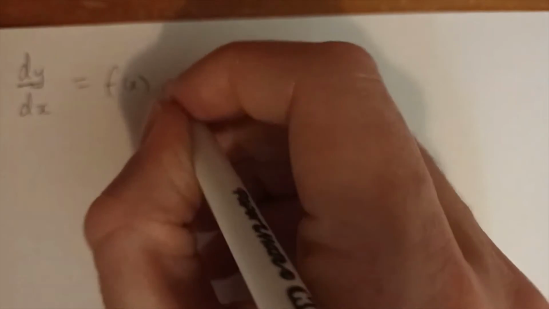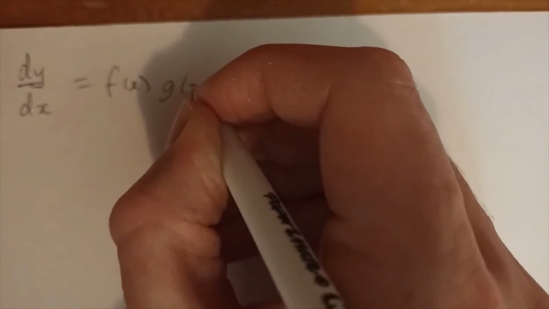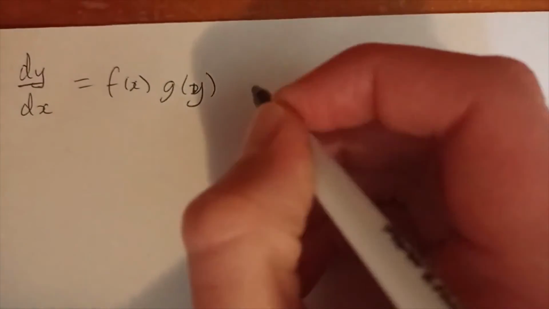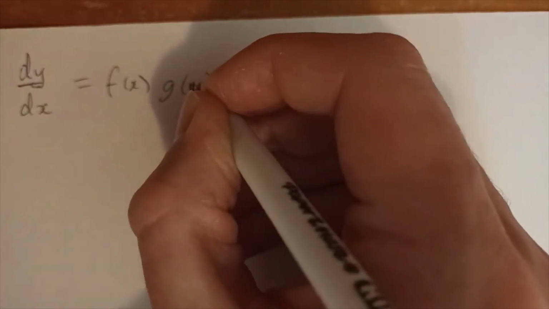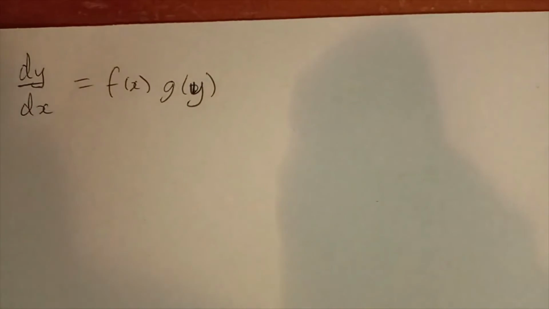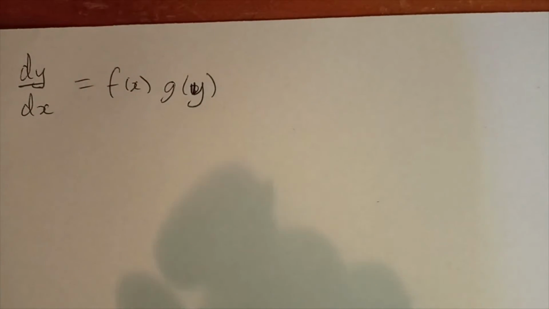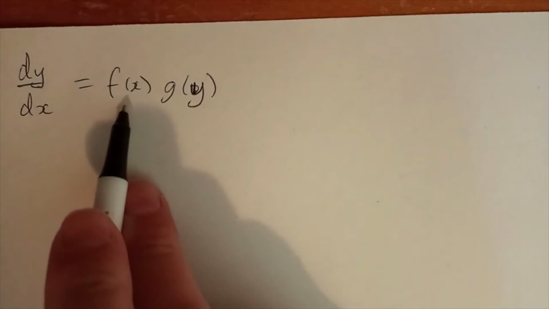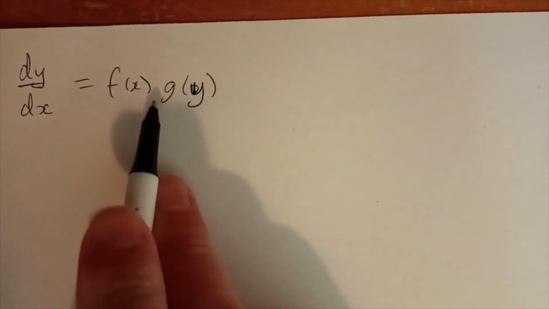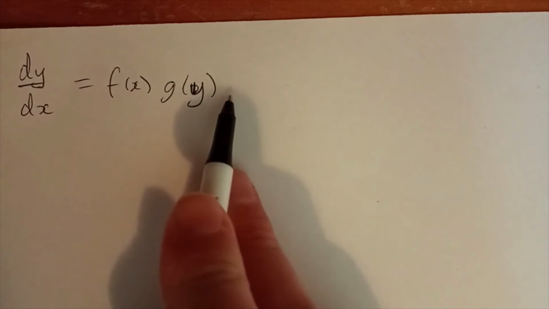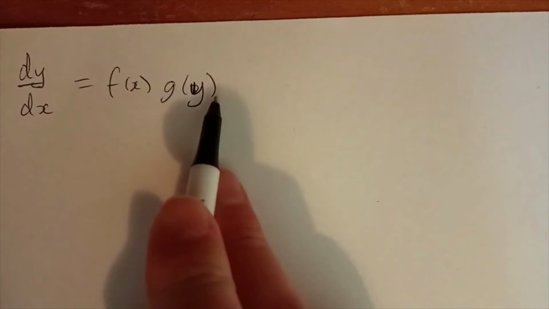I'll do one final example. We've already seen how this technique enables solving differential equations of the form dy dx equals some function of x times some function of y. Now, for previous examples, the function of y has been y itself, but we can also consider cases where that's not the case.